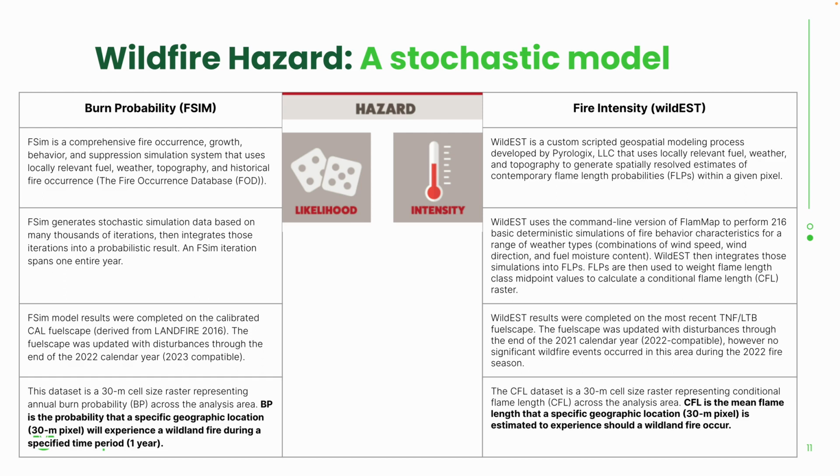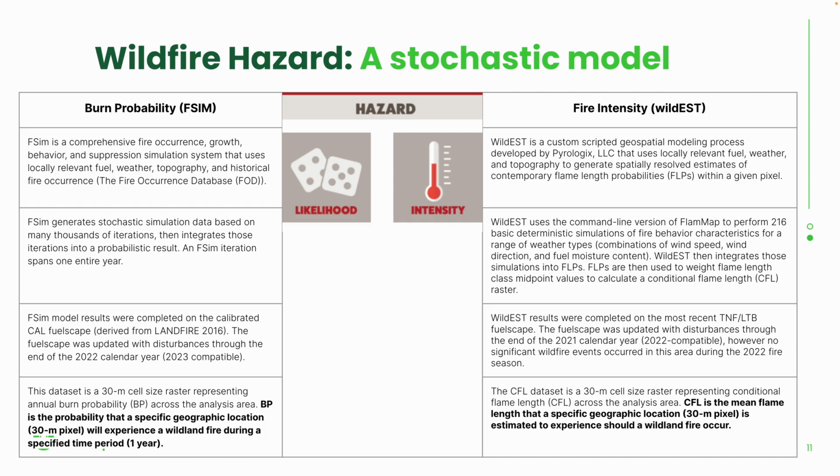Again, burn probability is the probability that a fire will occur on the landscape. And how is that determined? That's really determined based on thousands and thousands of iterations, essentially lighting thousands and thousands of fires as they move across the landscape, using relevant fuel, weather, topography, and historical fire occurrence. So an area where fires could start more regularly, maybe outside of the I-80 corridor, is that taken into account?